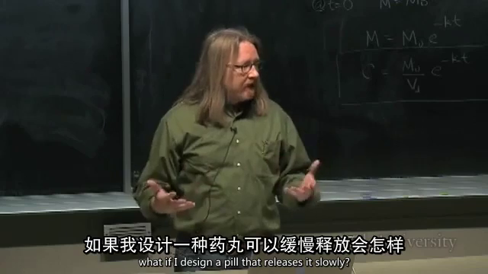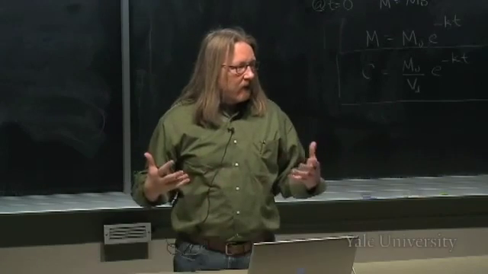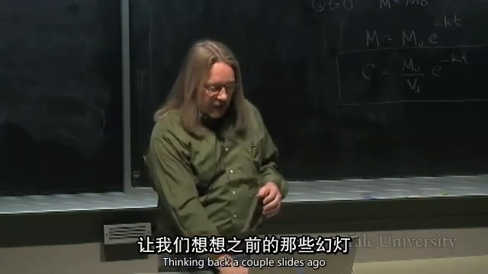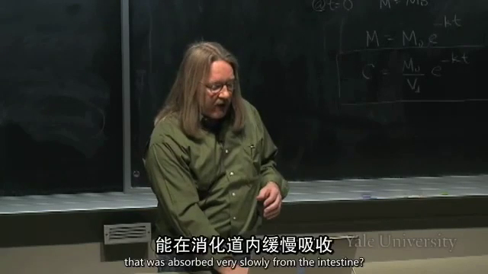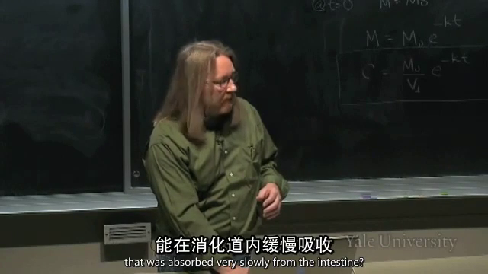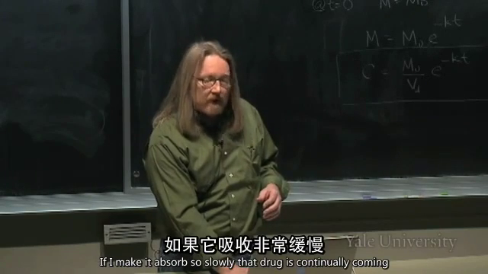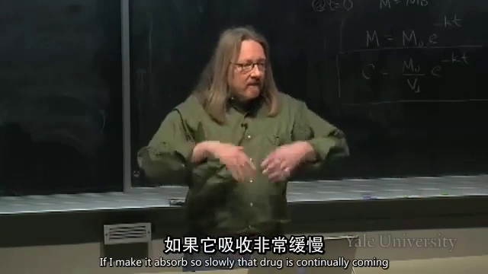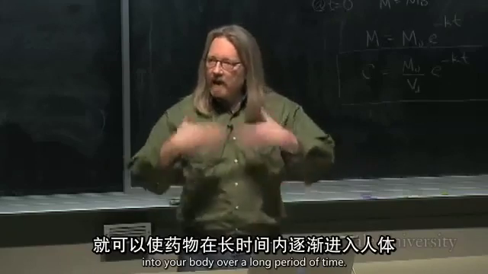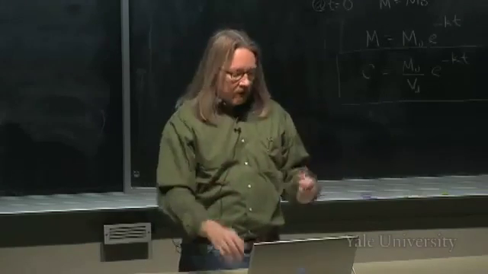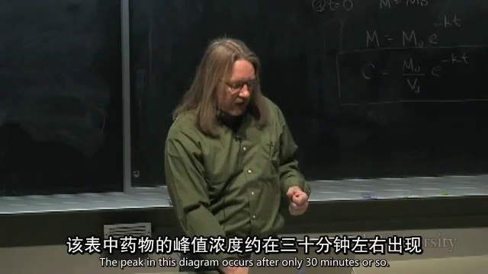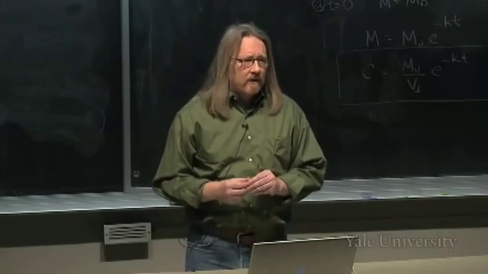what if I design a pill that releases it slowly? Thinking back a couple slides ago, what if I designed a pill that was absorbed very slowly from the intestine, so slowly that drug is continually coming into your body over a long period of time? The peak in this diagram occurs after only 30 minutes or so.